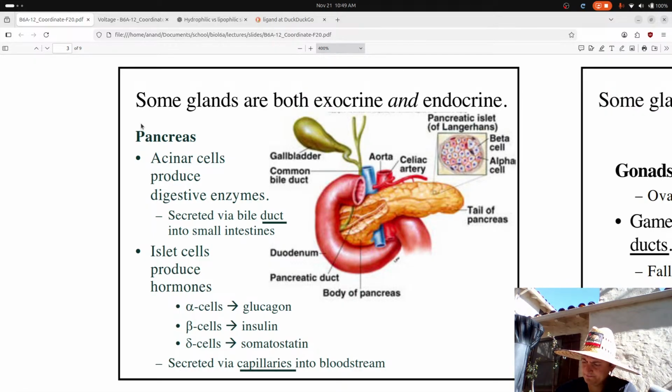So the exocrine glands have a duct. I'll say outward, maybe. I don't know. And some glands are exo and endo, like the pancreas.